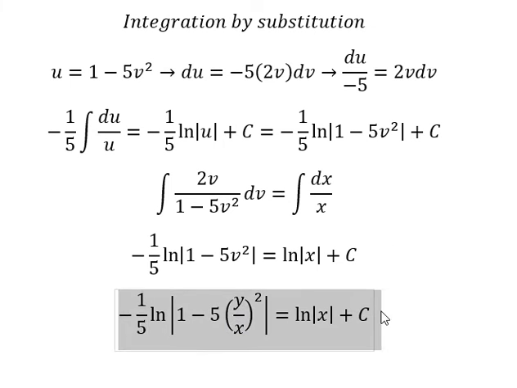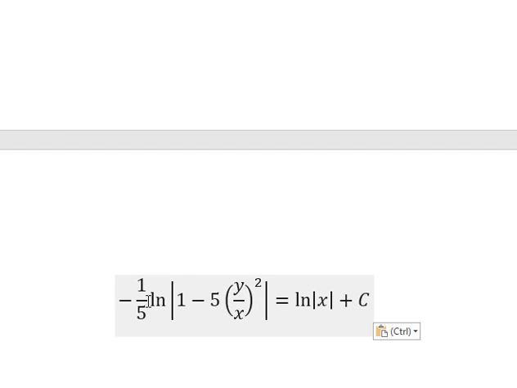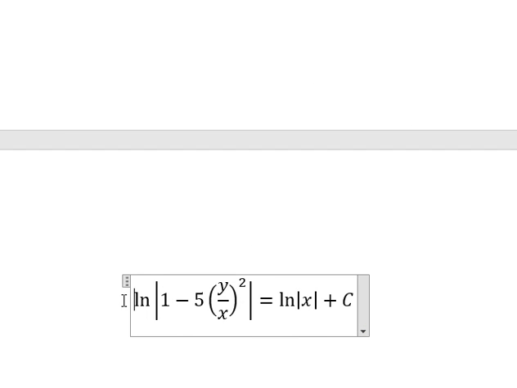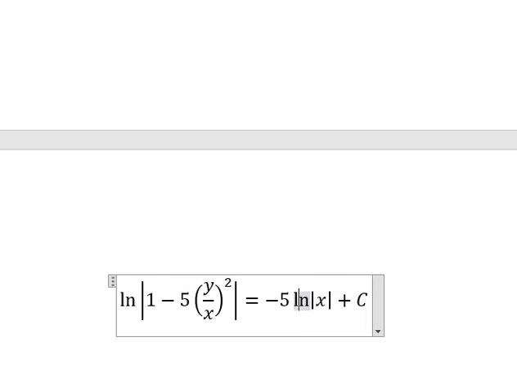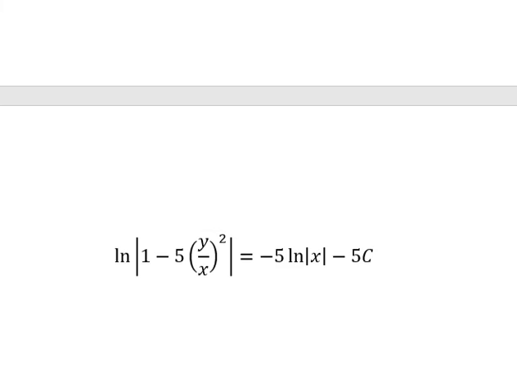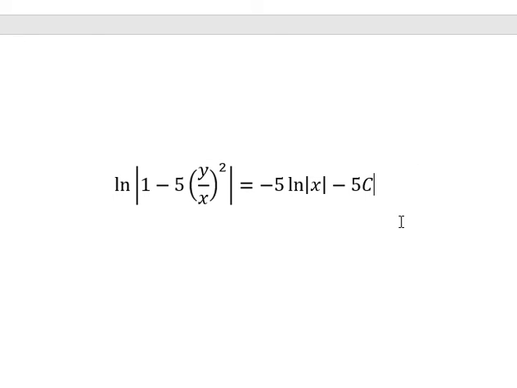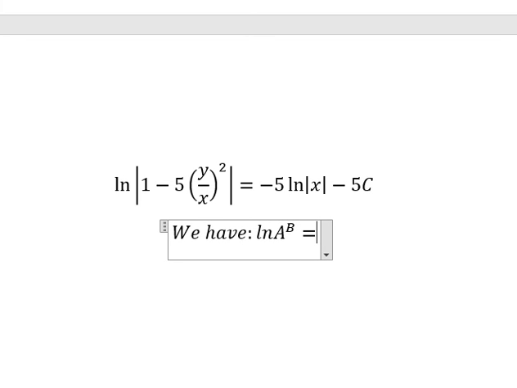Next, we multiply both sides by negative number 5. Next, we have the formula in here. ln a to the power of b equals b ln a.